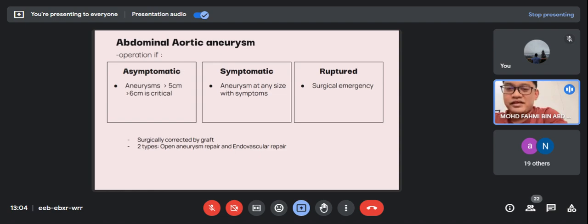Dia boleh dilate tapi kalau measure kau punya aorta, kalau normal kita 2.5, mungkin kau punya 2.7. So kau pun aneurysm lah. Then you call it a proper aneurysm by 50% of the normal aorta size. 50%.